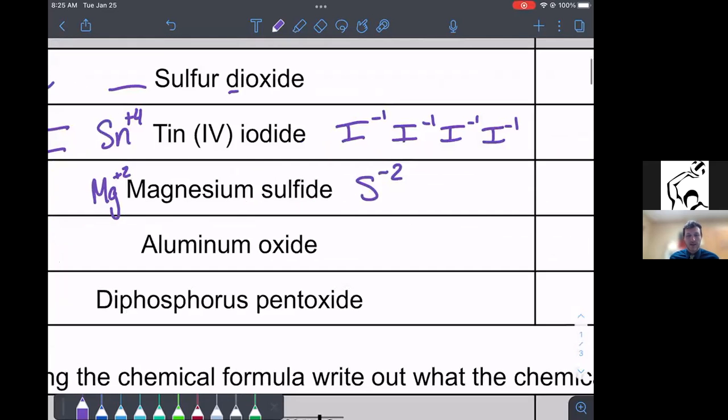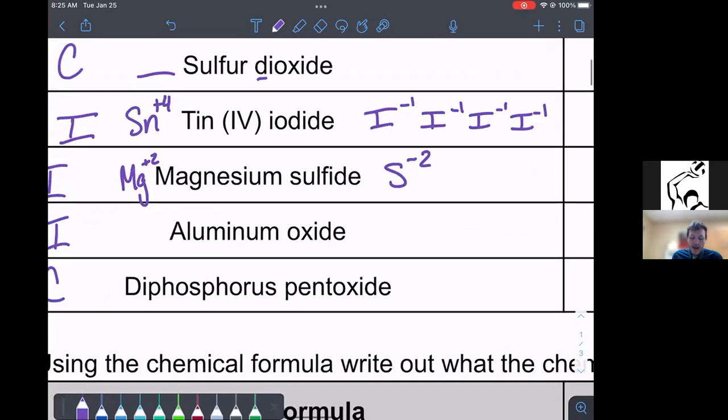The next one is aluminum oxide, and aluminum is Al. And aluminum has 3 valence electrons, so it has a +3 charge. Oxide is oxygen, and it's got 6 valence electrons, so just like sulfur, it's got a -2 charge.